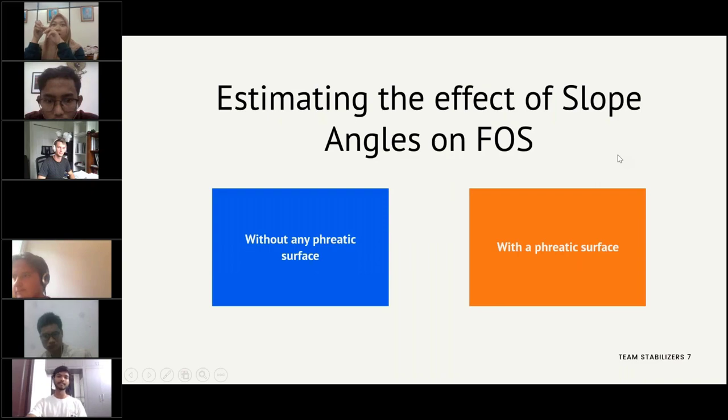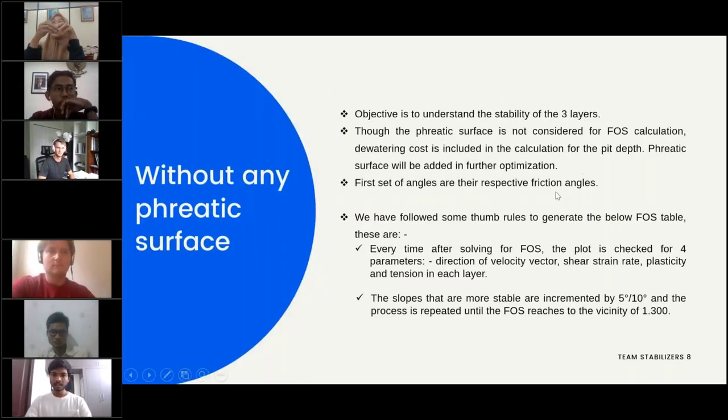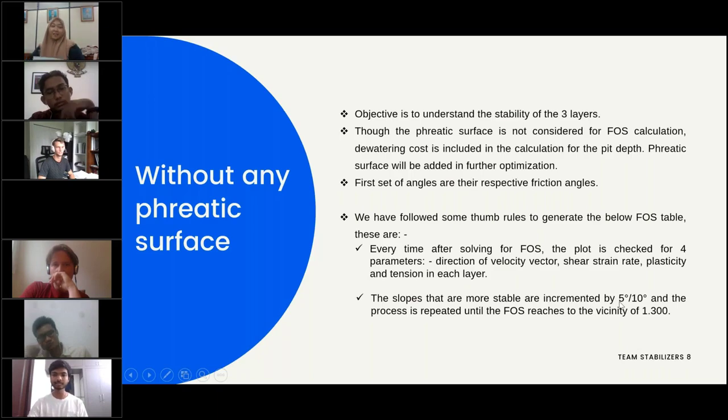Estimating the slope angles, just to make it less time consuming, we first wanted to make a reference table without using the phreatic surface in steps of 5 and 10 degrees. We checked the stability of each and every layer after every optimization and stepped it up by 5 degrees and 10 degrees.